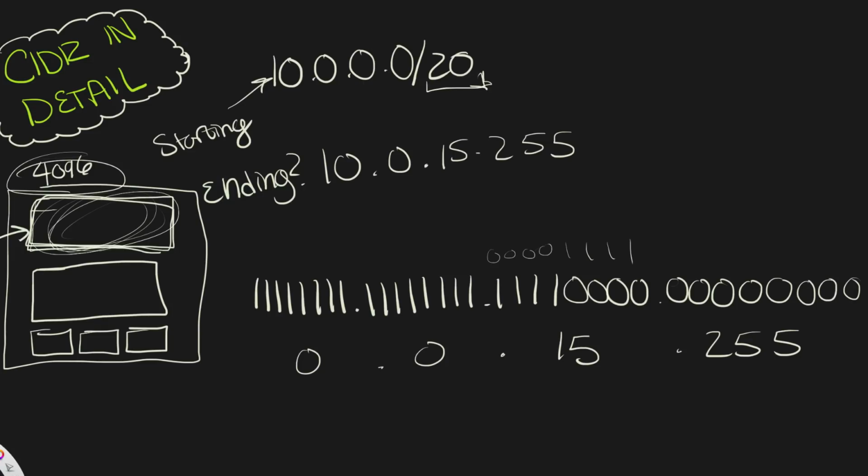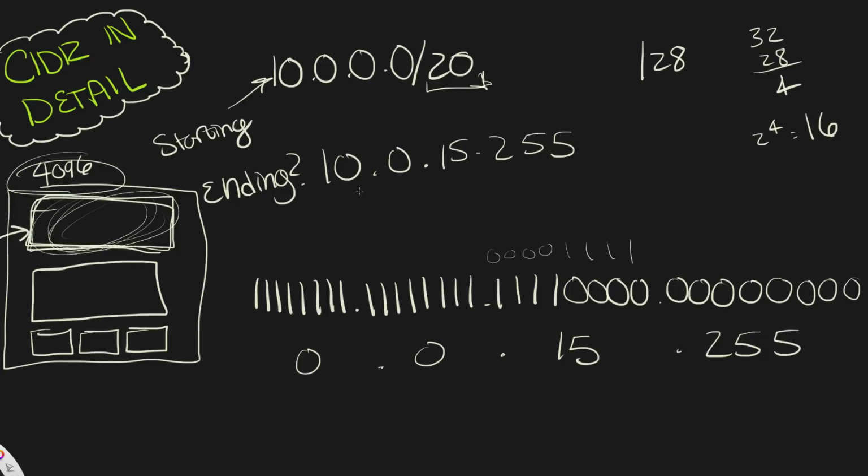If we did a /28, that means we have 32 minus 28, which is 4. So 2 to the 4 is 16 available IP addresses. That's the number of IPs that I want in my public subnet range.